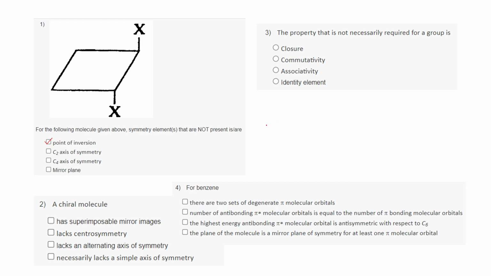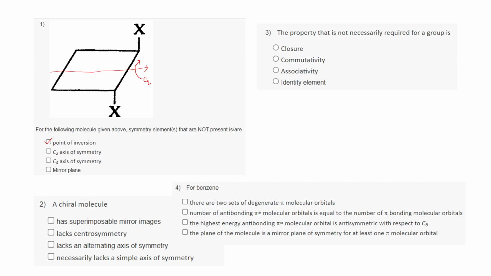I think there is one C2 axis of symmetry. I will show you. The C2 axis of symmetry, I think, is along this line. If I rotate it by C2, that is 180 degrees, this part will go up and this part will come here, and it will look like this, right?